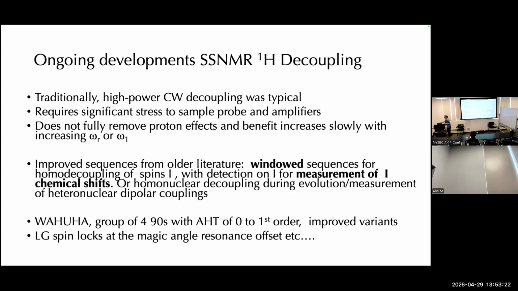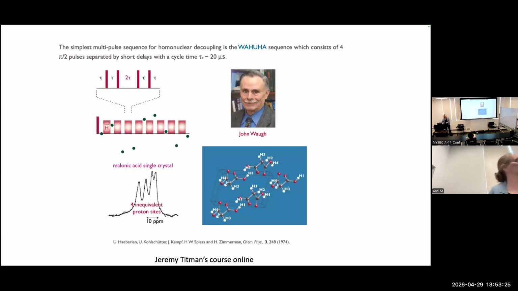So what's WAHUHA and why is it called something silly like this? This is John Waugh, MIT, at the beginning of rational development of pulse sequences using average Hamiltonian theory. It's the simplest multi-pulse sequence for homonuclear decoupling. The H-U-H-A here is Huber and Haeberlen, who went on to do many wonderful things in NMR as well.